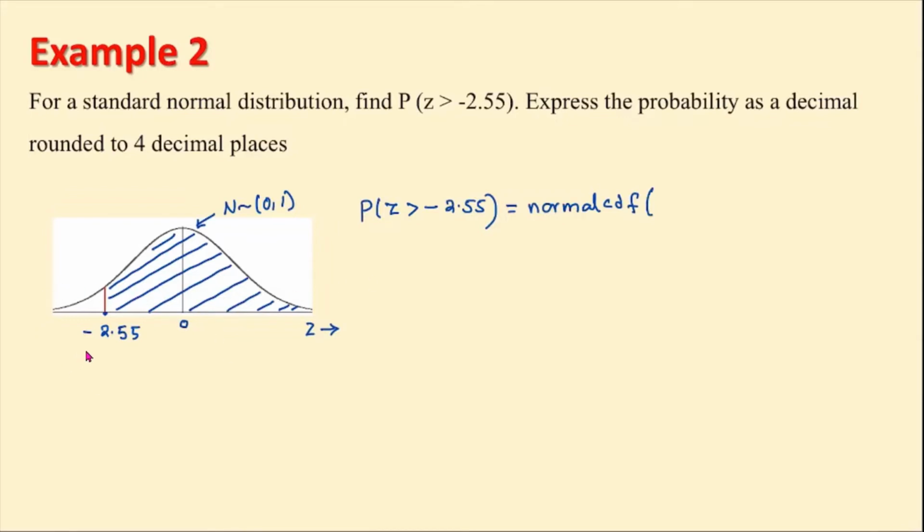So for this area, the lower boundary is here, which is negative 2.55. Upper boundary, we go all the way up to positive infinity. Positive infinity in our calculator, we type that as E99. Mean is 0, standard deviation is 1. So now we type this in the calculator and find the value. So let's see what we get from our calculator.